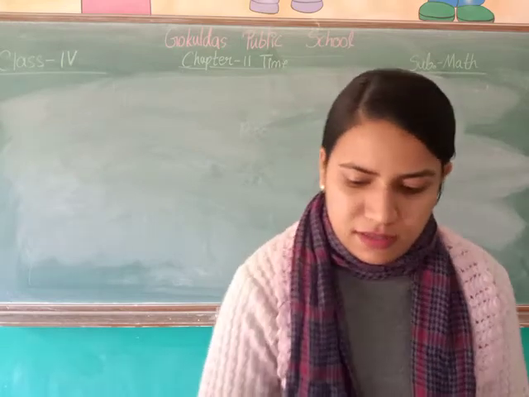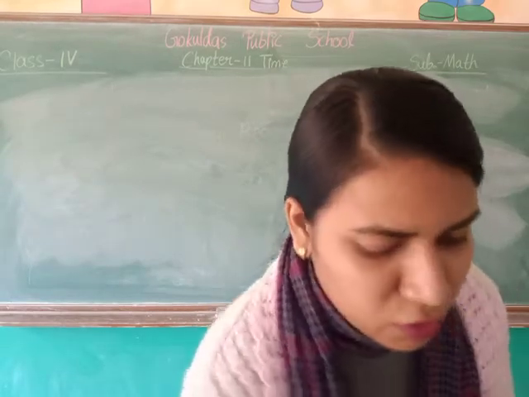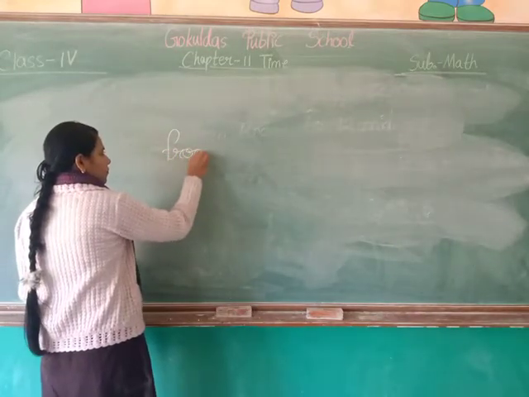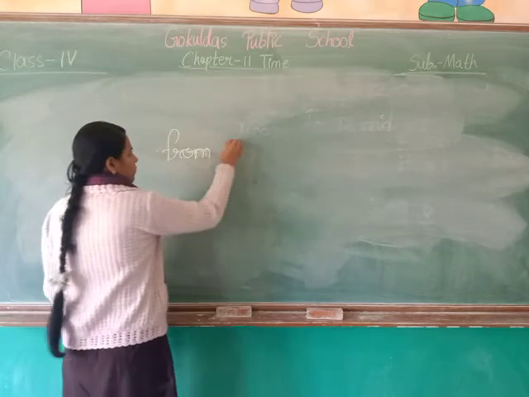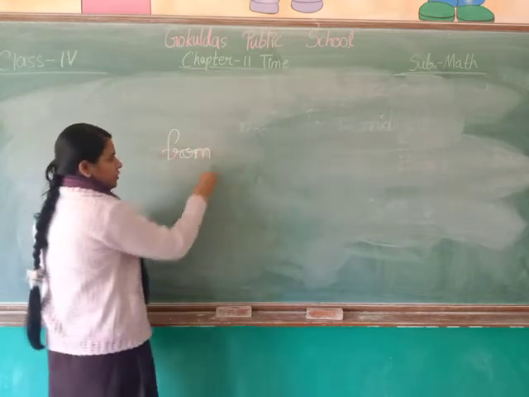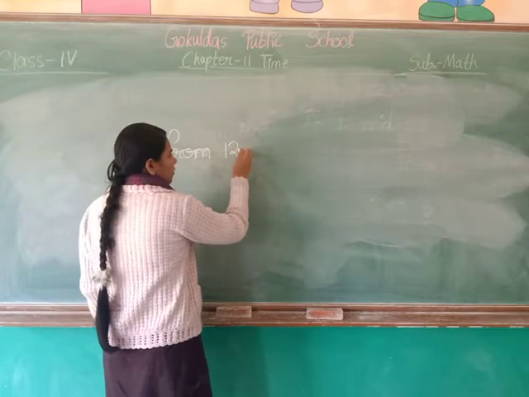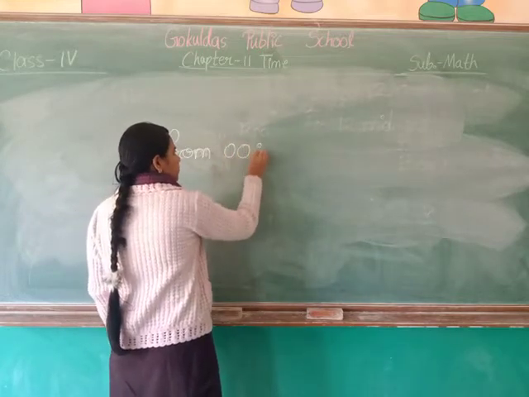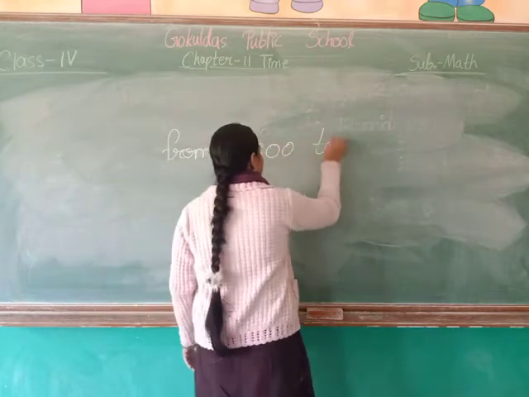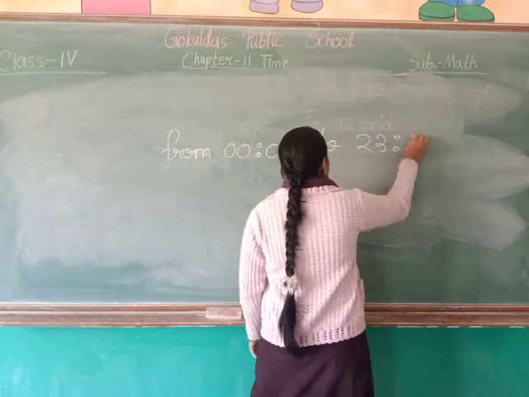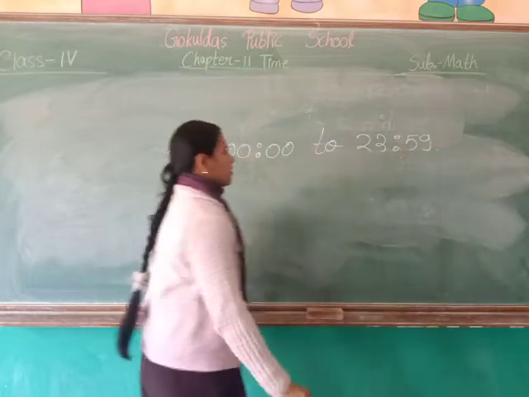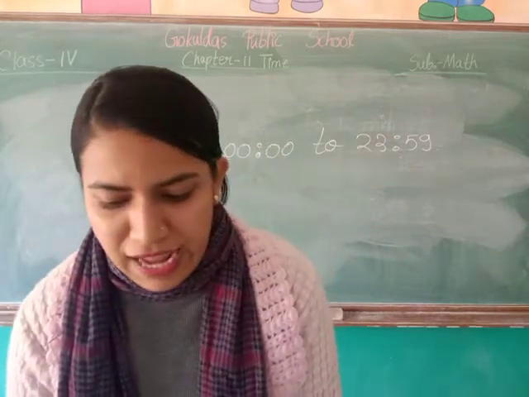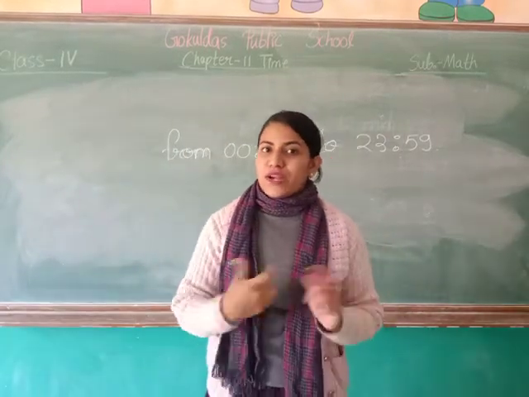That timing is represented by the numeral ranges from, don't note it down, it is for explanation, 00:00 to 23:59, which means the time is counted from 0 to 24.